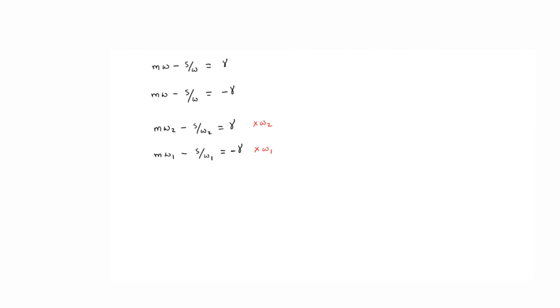I will leave it to you to do that small piece of mathematical step, and once we do that, we will get omega 2 minus omega 1 is equal to gamma by m.